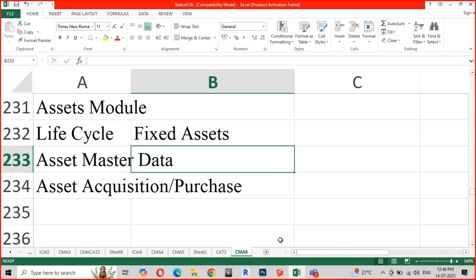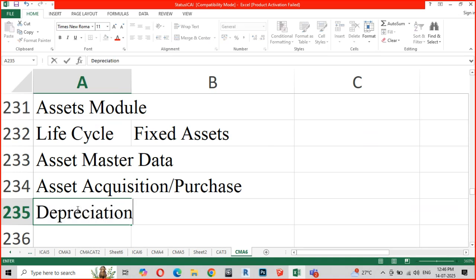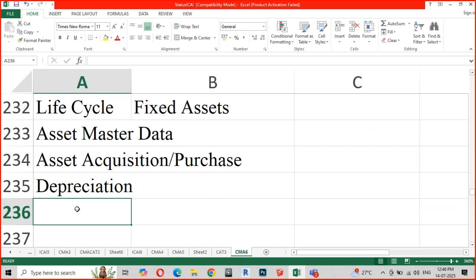Clear? Now, you have the master data. You have acquired the asset. Now, what do you do once you purchase the asset? As required by the company's law, you need to provide depreciation. Correct?